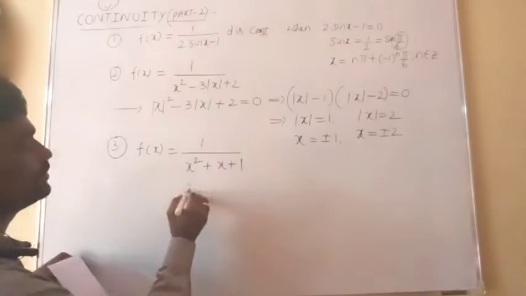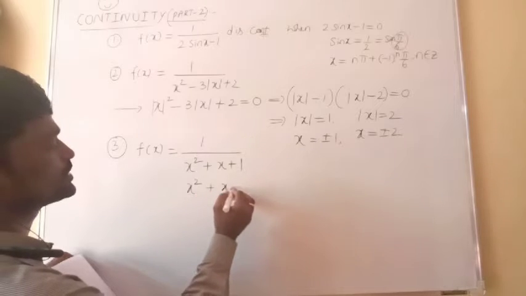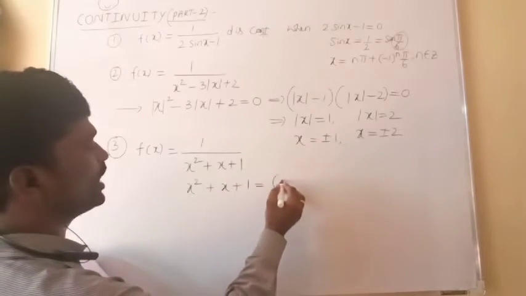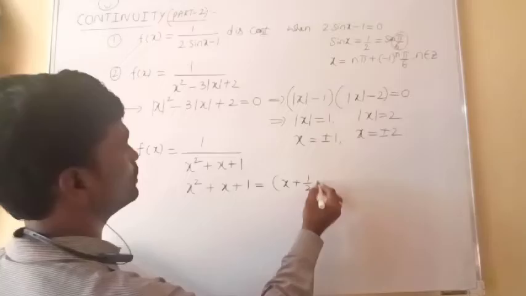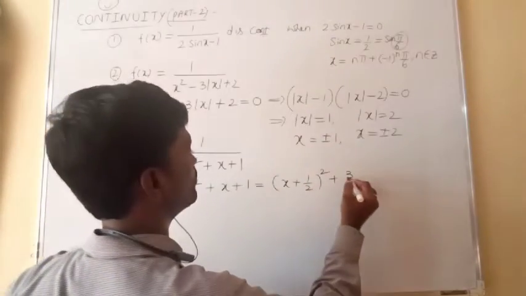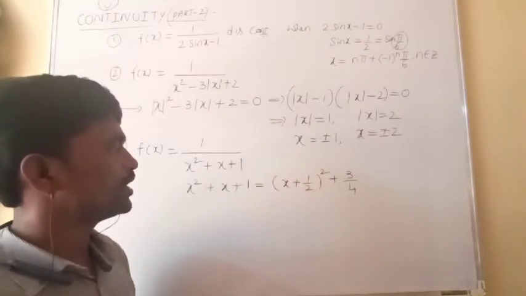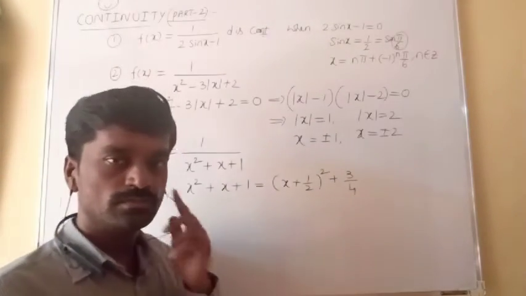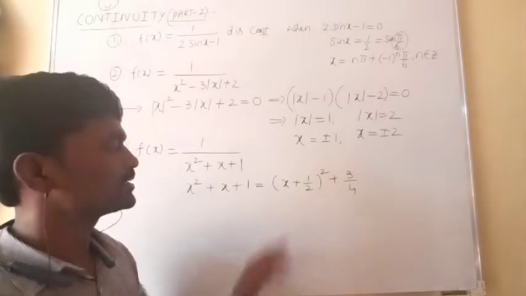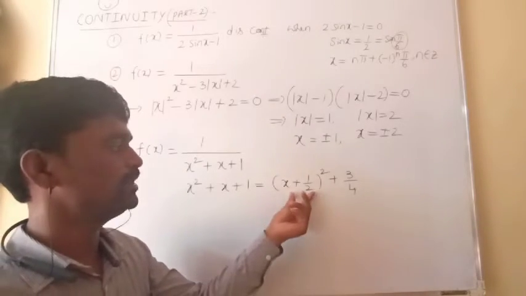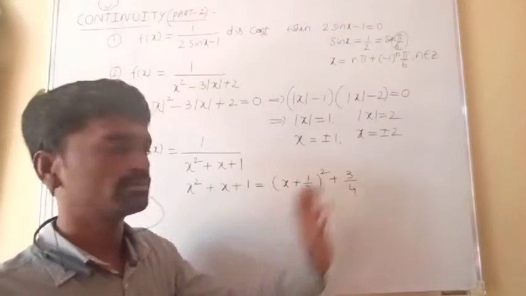But if you observe the denominator x square plus x plus 1, we can write it as x plus 1 by 2 whole square plus 3 by 4. So is it possible for this quantity to be equal to 0 for any x value? If you take any real x, the minimum value is 0 plus 3 by 4.